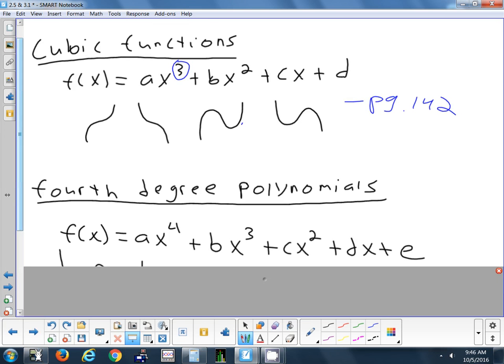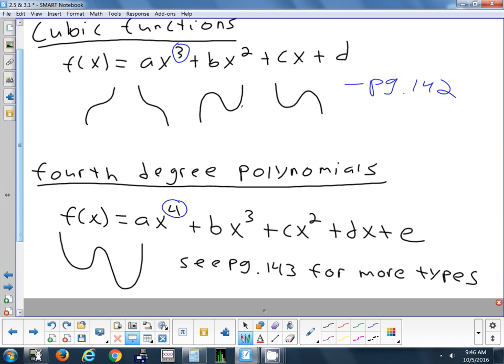Second, calc minimum. Pick a point left, pick a point right, and my guess. So that's the minimum. This is where it occurs.